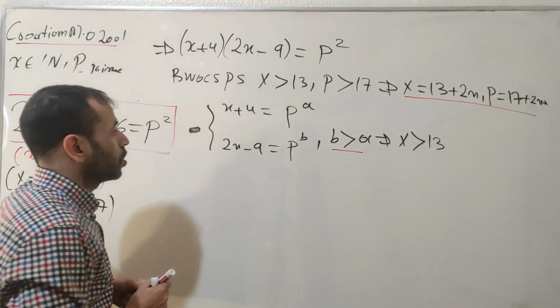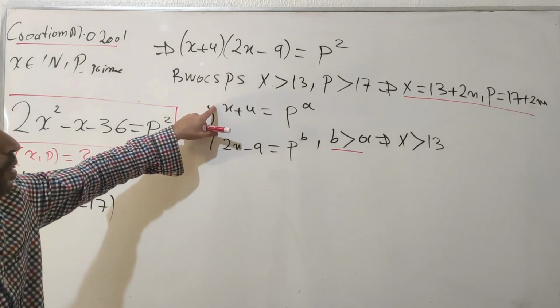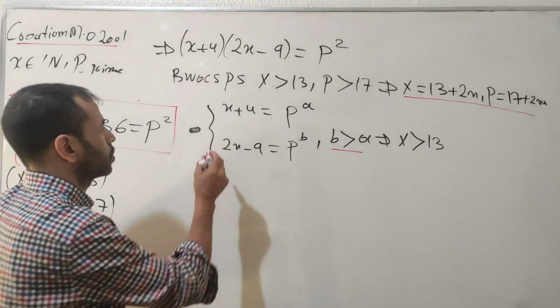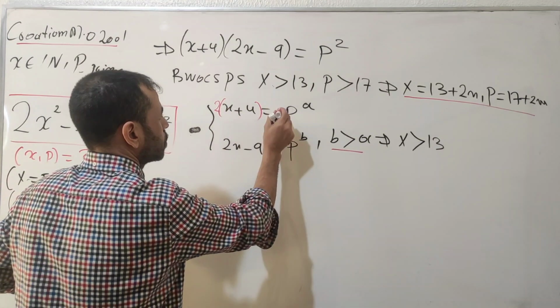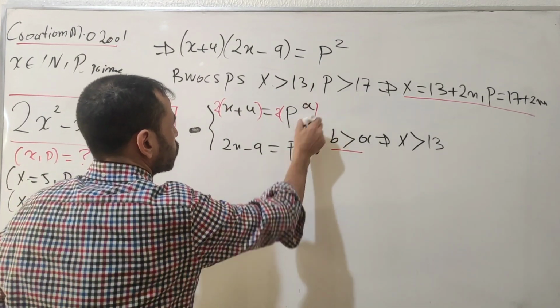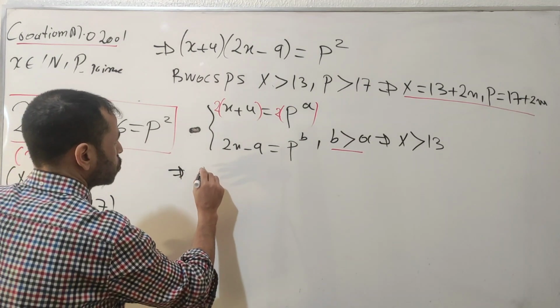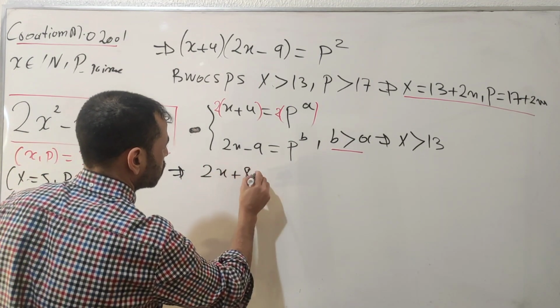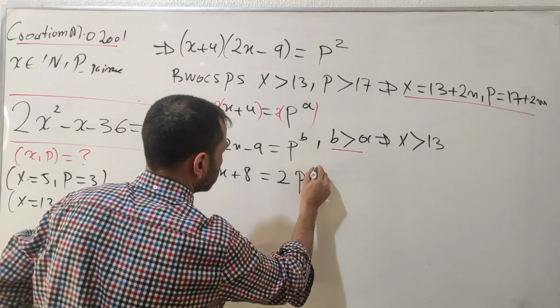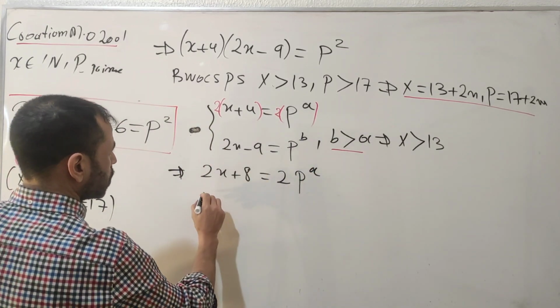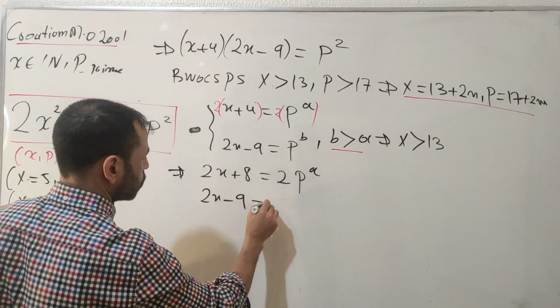Okay, what to do? I'm going to multiply the first equation by number 2. If I do that, I will have a new equation system. So I get 2x plus 8, which equals twice p to the a, and 2x minus 9, which equals p to the b.